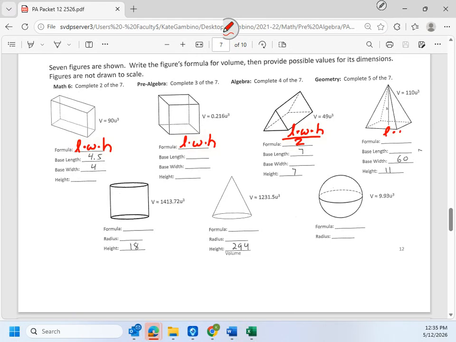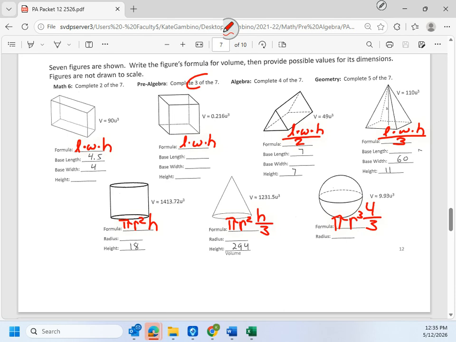Pyramid is length times width times height divided by 3. The cylinder is pi r squared times the height. The cone is pi r squared times height divided by 3. And the sphere is pi r cubed times 4 divided by 3.